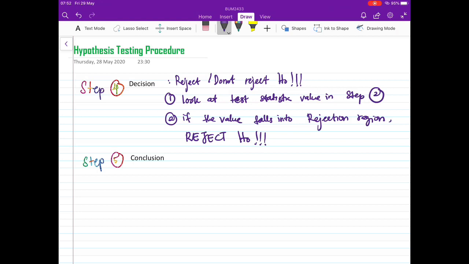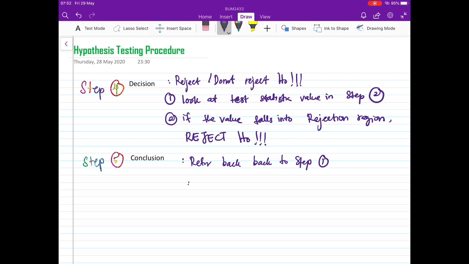So you want to conclude now your hypothesis. Okay, so conclusion, refer back to our hypothesis, refer back to step 1. It's either you accept your hypothesis or you reject your hypothesis.